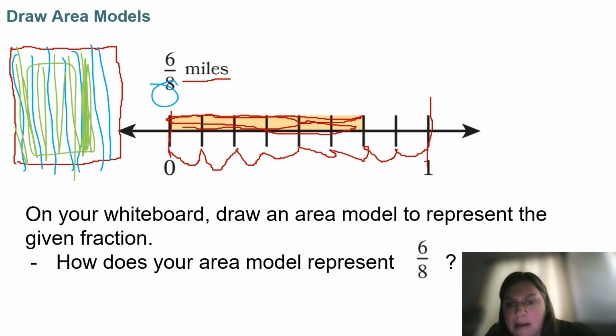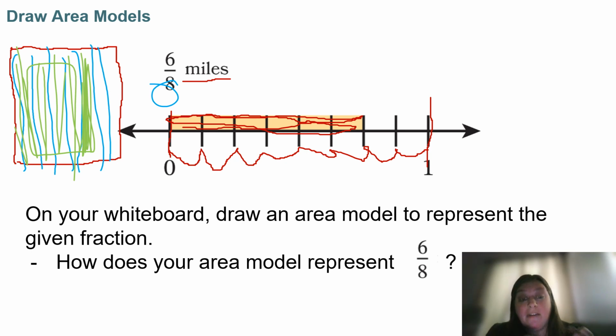Okay, and that's an area model, just like a tape diagram, but a square instead of a rectangle. You should also be able to answer a question like, how many parts are not shaded? Tell your partner real fast, how many parts are not shaded? I hope you said 2/8.